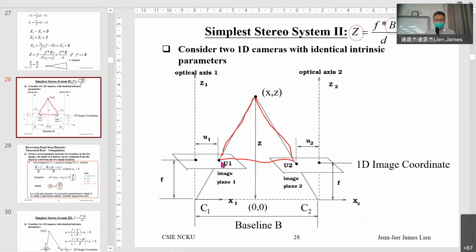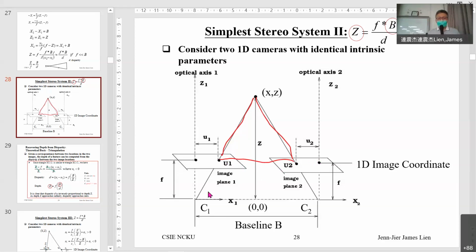So what is the distance between both? It is the entire baseline minus this distance, and also minus this distance, equal to this distance.